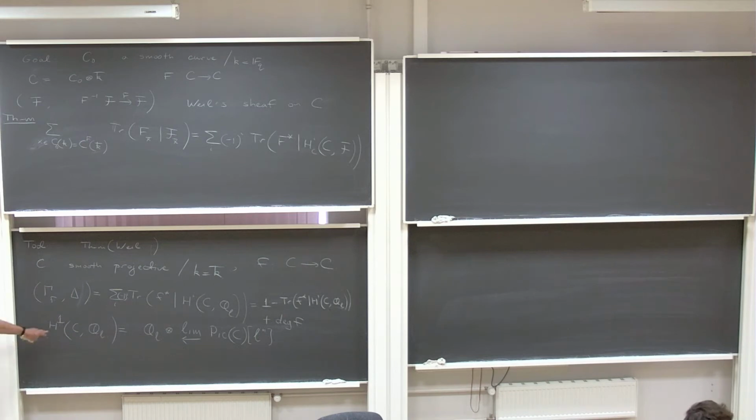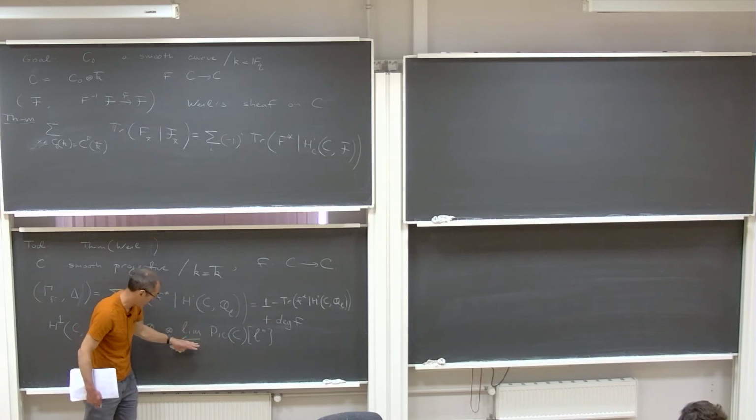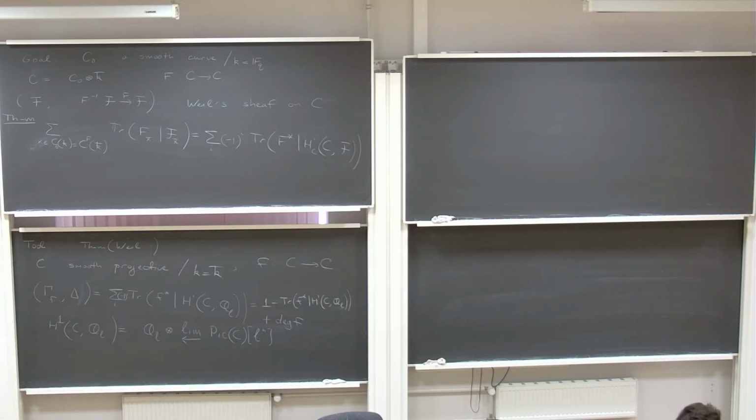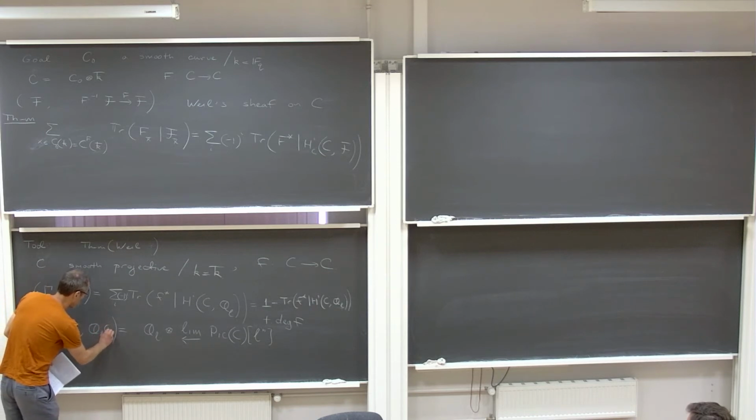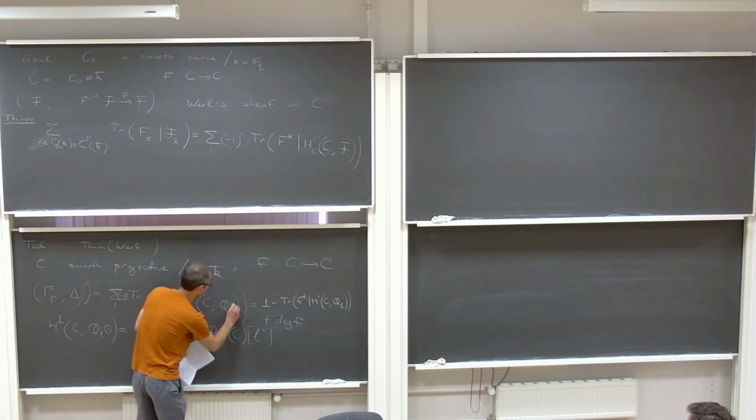So by functoriality, F acts by pullback on the Picard group, and so it acts on this inverse limit. So this is Weil's formulation. Well, this identification, as we discussed, is not canonical. It depends on the choice of a primitive root of unity. So to make it completely canonical, it doesn't change the formula at all, but it makes this isomorphism canonical, I can put 1 here.